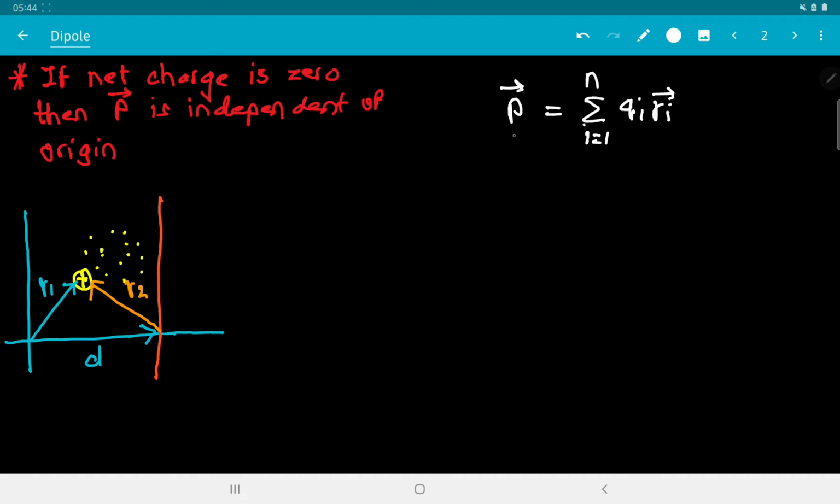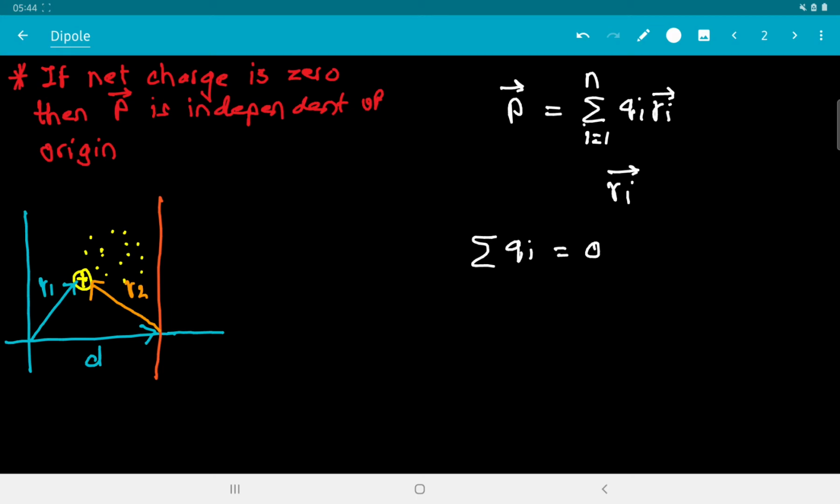That means the dipole moment depends on the position vector, that is, the position of the origin. So if the net charge is 0, then the origin can be taken anywhere. This will be helpful in solving many problems.